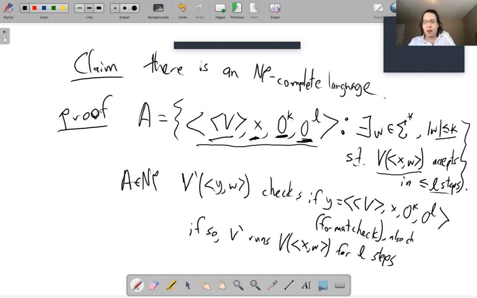Actually, we need to also check that the size of W that we're given is at most K, where K is part of the input Y. And then if so, V prime runs V of X, W for L steps, and then accepts if it accepts.